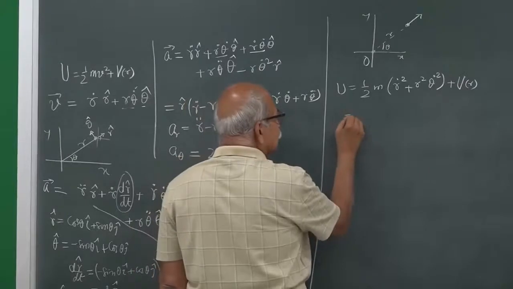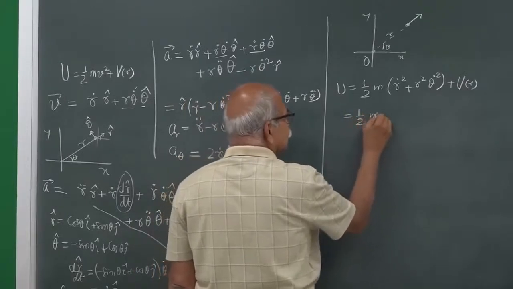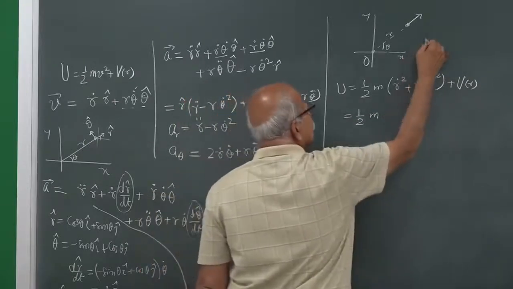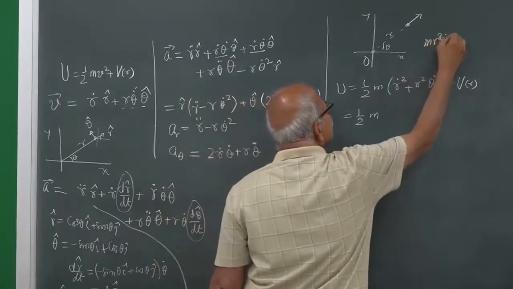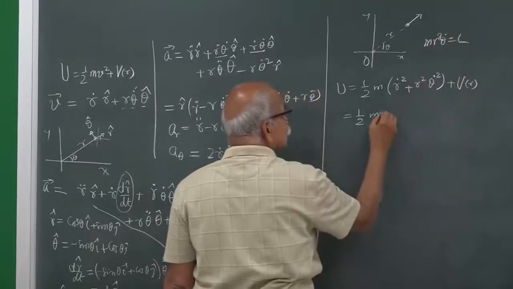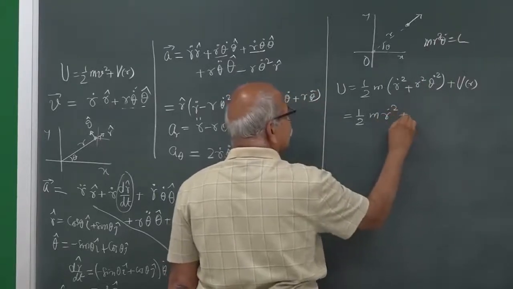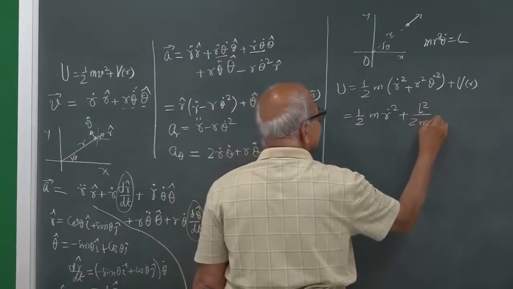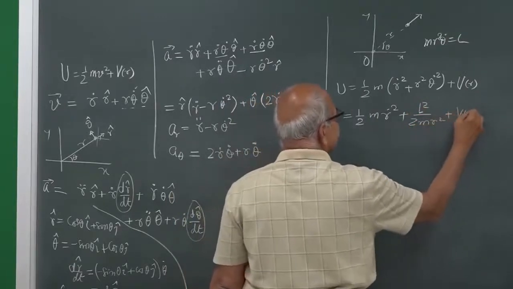Then we use the angular momentum expression to write this r theta dot square, you know, m r square theta dot is L, and from there we wrote this as half m r dot square plus L square by 2 m r square plus V of r.